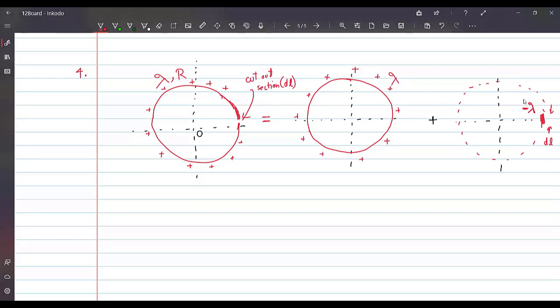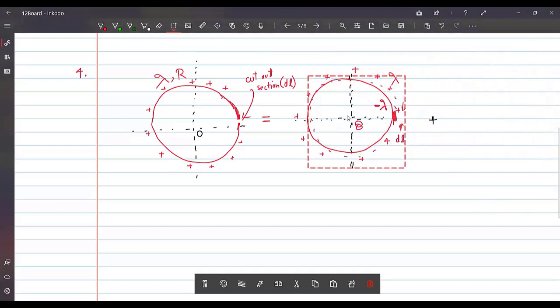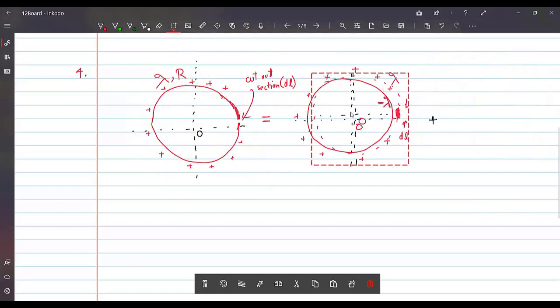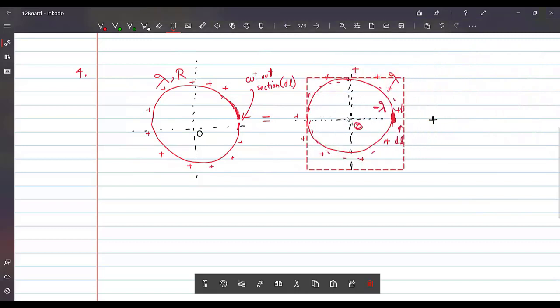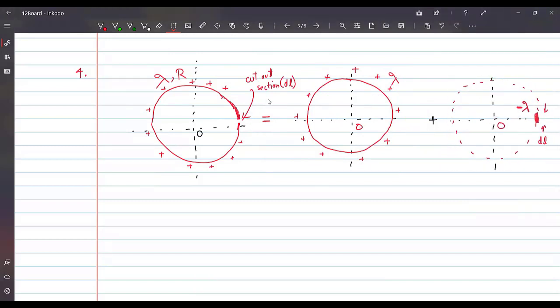If I superimpose this negative element, this is my origin, this is my origin, over the whole ring, it will give me this first thing. The lambda and minus lambda will give you a neutral region, and this is your cutout section.